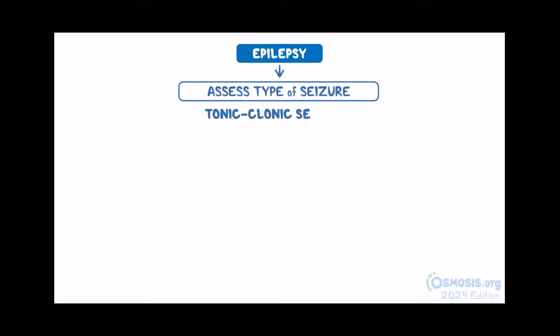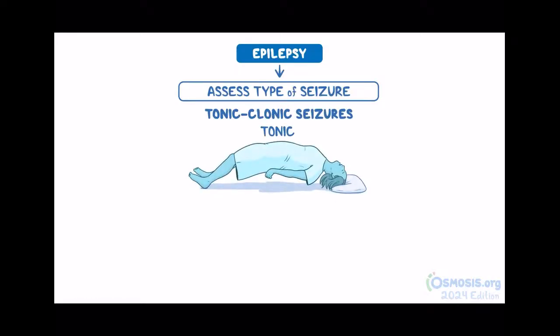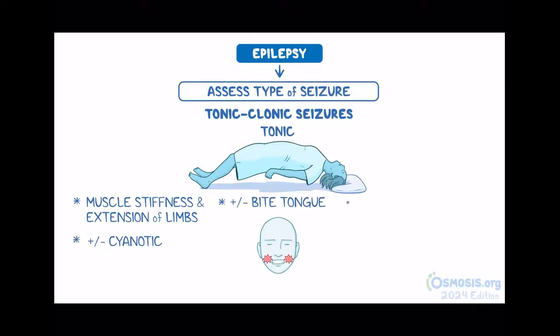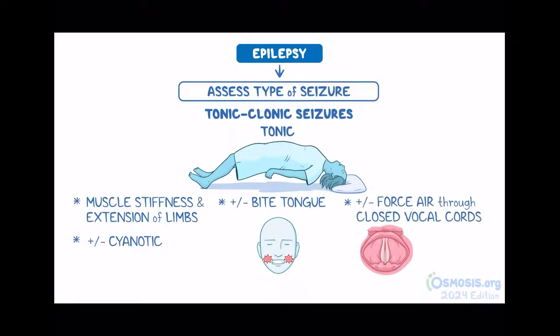First, let's focus on tonic-clonic seizures, which start with the tonic phase, characterized by muscle stiffness and extension of the limbs. During this phase, the patient might become cyanotic because they're not breathing, and they could also bite their tongue. Additionally, the contraction of abdominal muscles and diaphragm can force air through closed vocal cords and cause a specific crying sound called ictal cry.